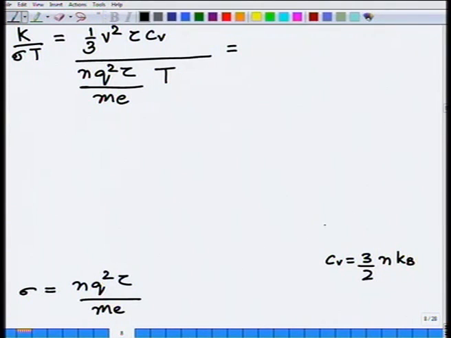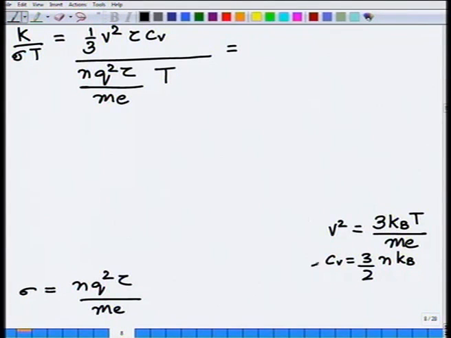First, for the square of the velocity, which we will estimate from here: V square equals 3 Kb T by m_e.